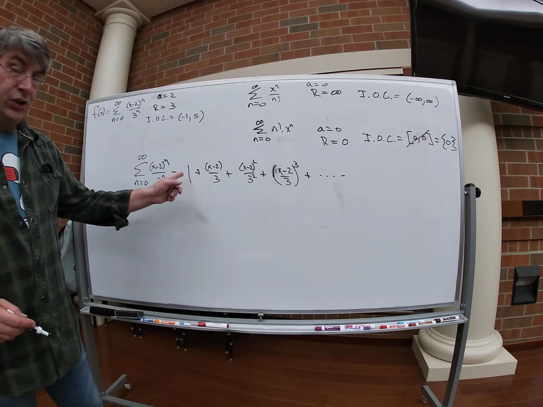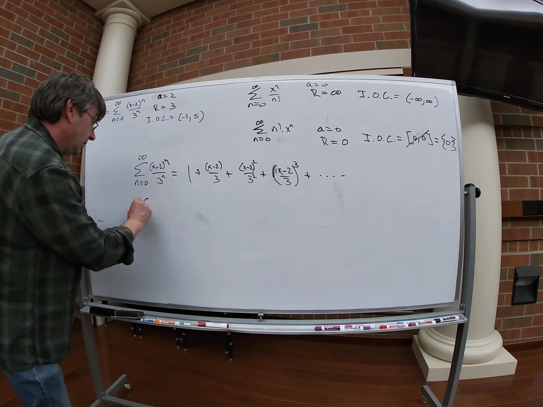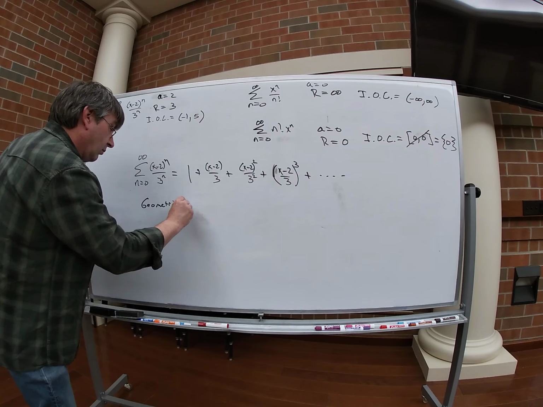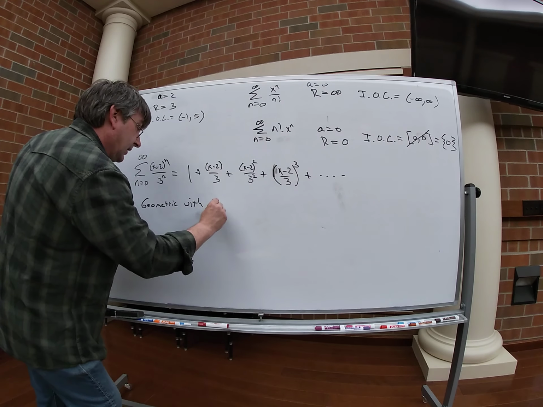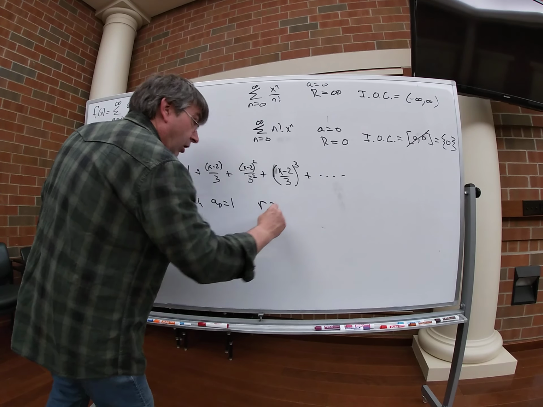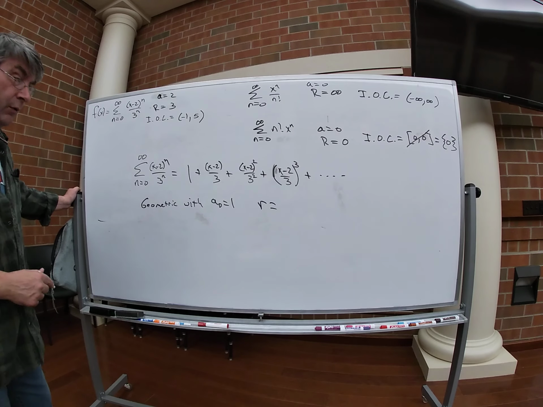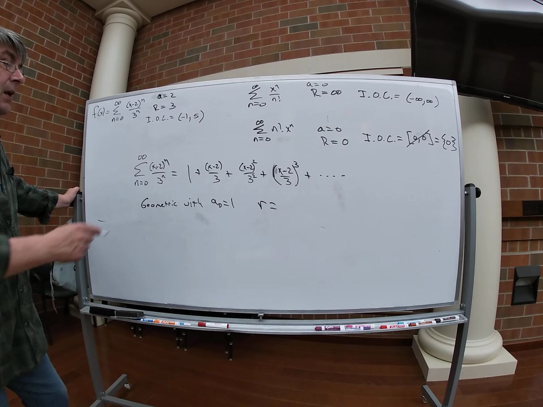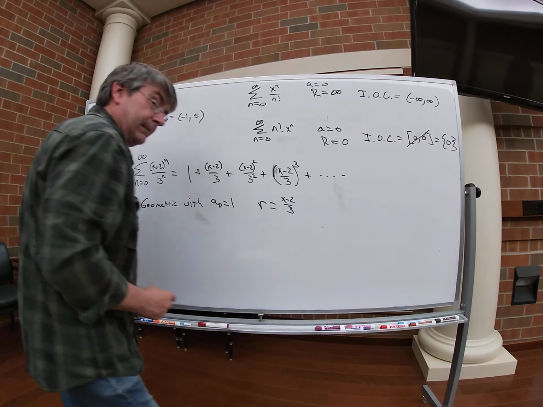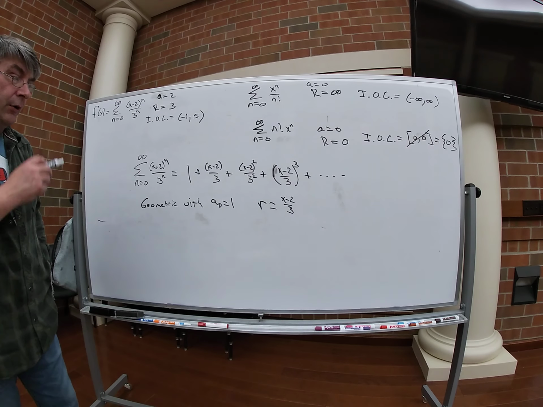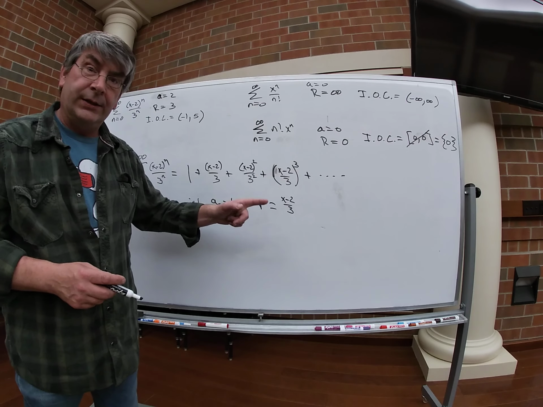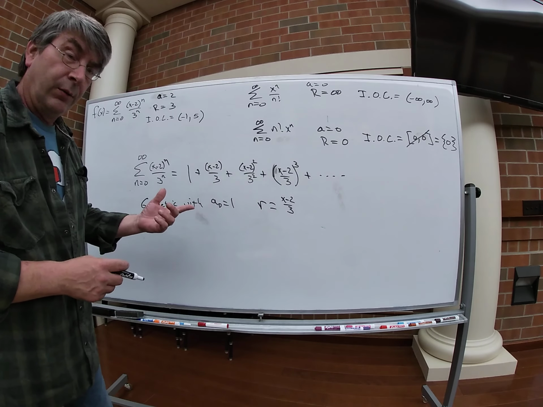So in fact, this is a geometric series. Geometric, with my first term, a0, being 1, and my ratio, little r, not to confuse it with the capital R radius of convergence, my ratio of terms equal to (x minus 2) over 3. We know that geometric series converge when the absolute value of r is less than 1 and diverge otherwise, right?